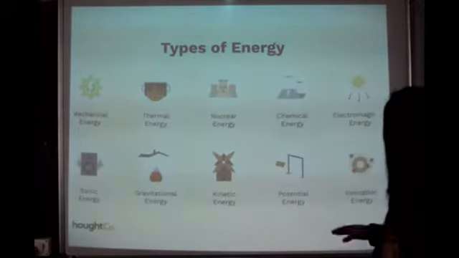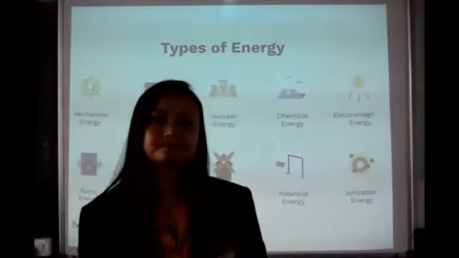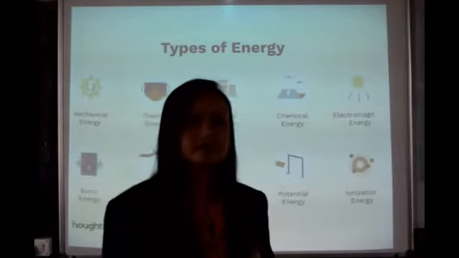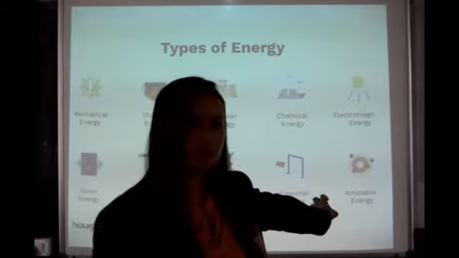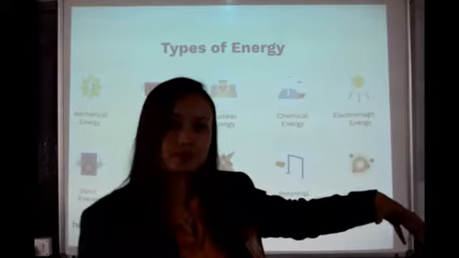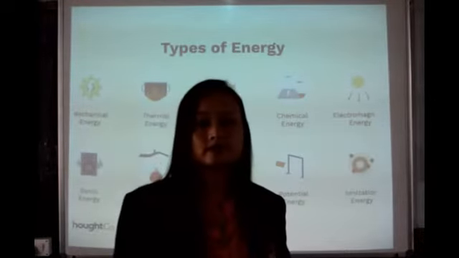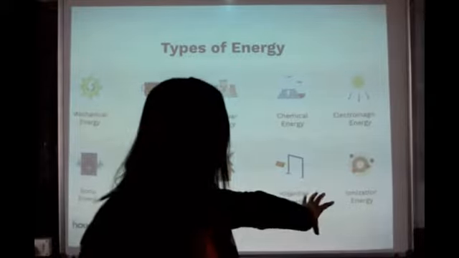And ionization energy, which is related to ions. We don't need much of this. You know, when atoms lose electrons or gain electrons, they convert into ions, which you might have learned in chemistry. So we'll not be discussing this in detail.